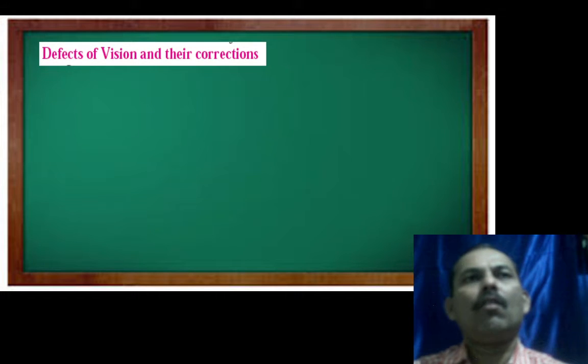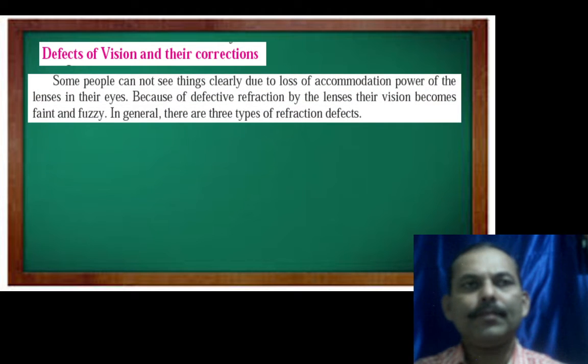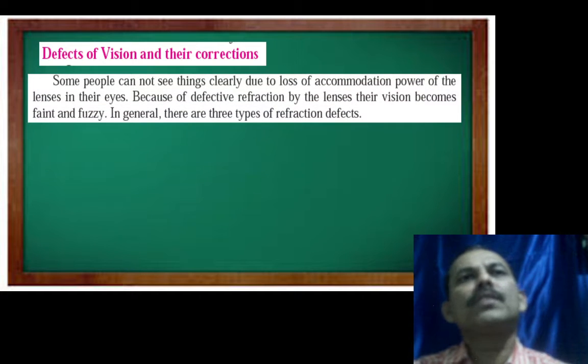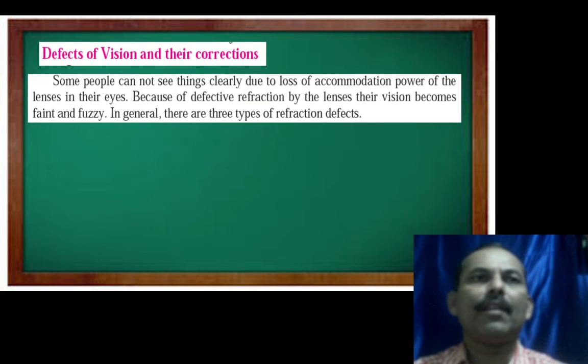Defects of vision and their corrections. Some people cannot see things clearly due to loss of accommodation power of the lenses in their eyes. Because of defective refraction by the lenses, their vision becomes faint and fuzzy.